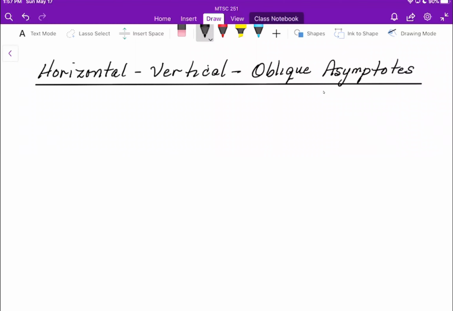In this section, we want to look at horizontal, vertical, and oblique asymptotes. So let's first look at a function that has a vertical asymptote.